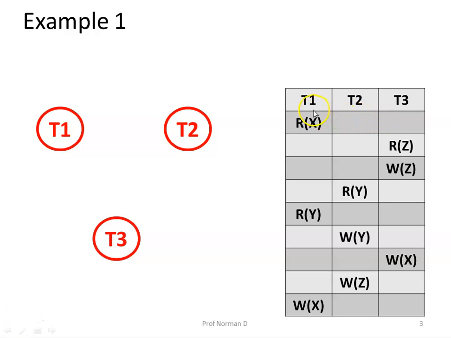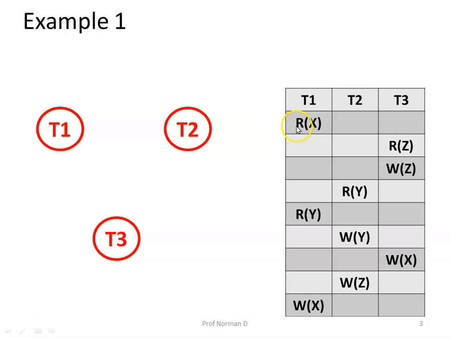In this example, we have 3 transactions, transaction T1, T2 and T3. So based upon the number of transactions, we will have that many nodes: T1, T2 and T3. We'll start with the first instruction appearing in the first row.